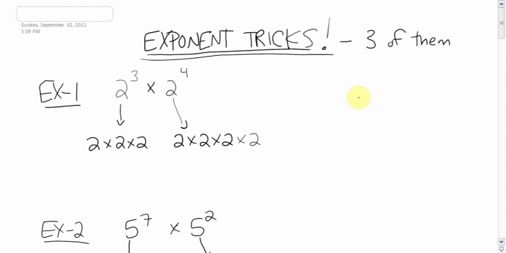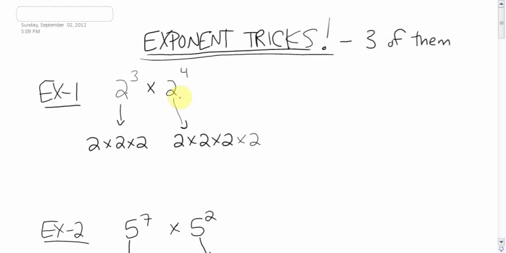We can use a little trick to answer this question. The only little caveat to this is that the bases have to be the same. Okay? The bases have to be the same for this trick to work.